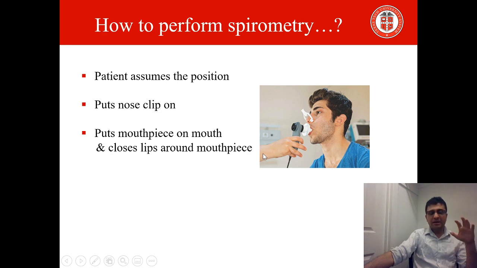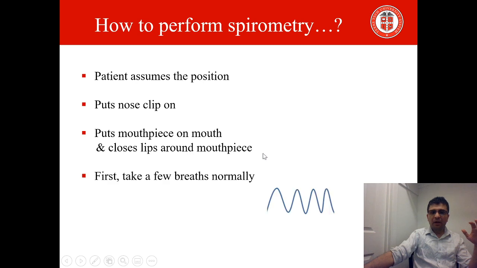Now just concentrate. Once we take a few breaths normally, we will have this kind of reading on the spirogram. All the peaks or the strokes which are up are the inspiration, and the downs are the expiration.